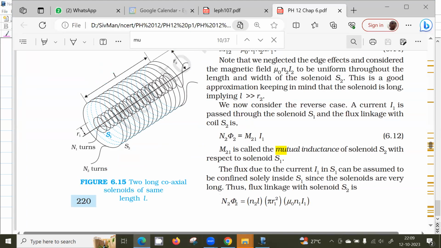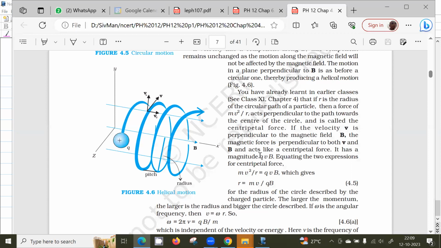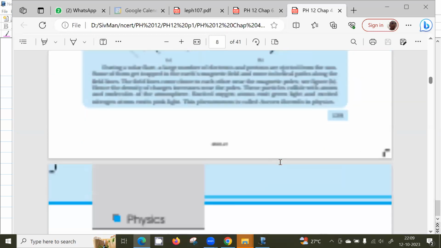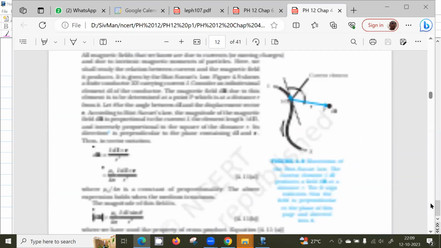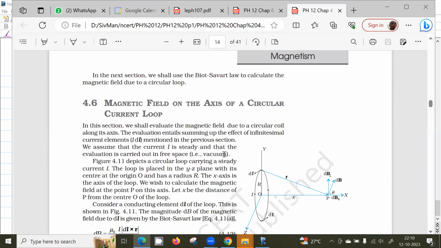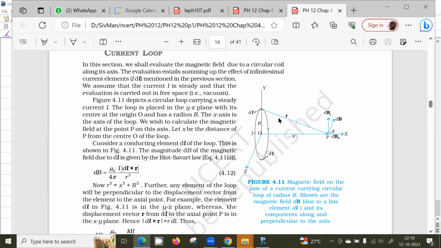This is chapter number 4, circular current loop: magnetic field due to a circular current along the axis. So this is the coil.